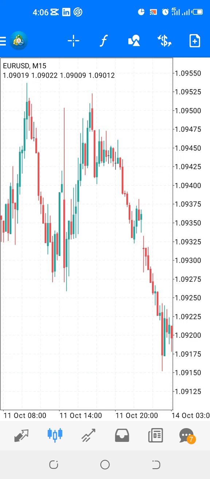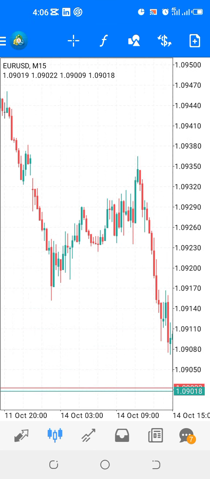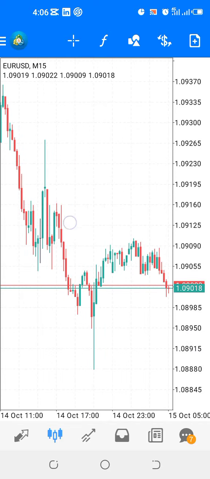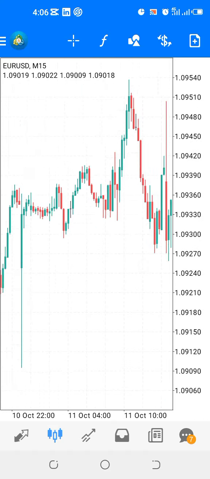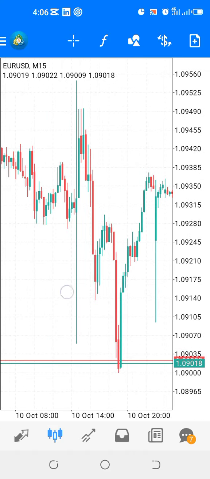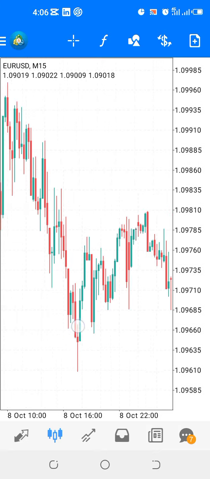Important chart patterns. Today's topic is important chart patterns. So what to trade is basically charts. But charts take different patterns.